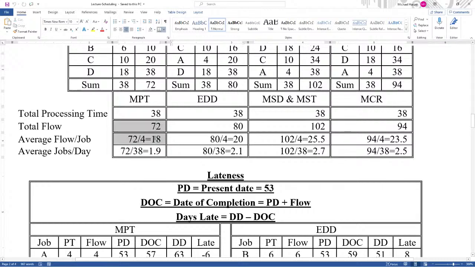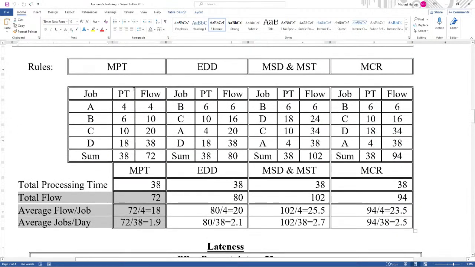And so since the flow is a numerator of each one of these, then the minimum total flow, the minimum average flow per job, and the minimum of the average jobs per day will always be the MPT rule. So the MPT rule will minimize the total flow, average flow per job, and average jobs per day.